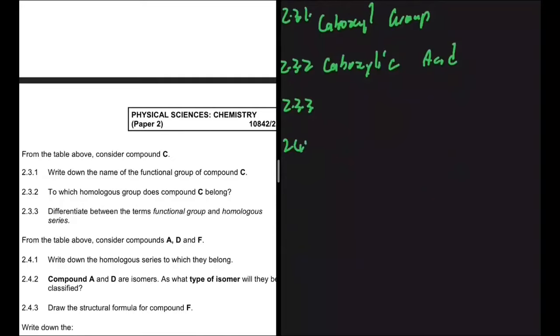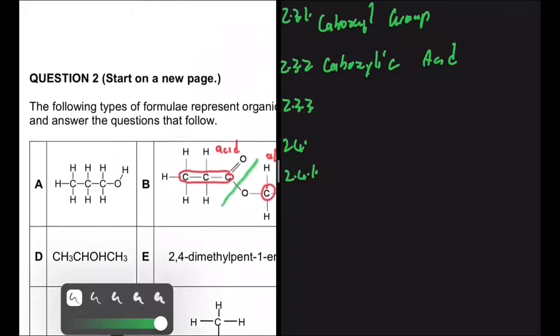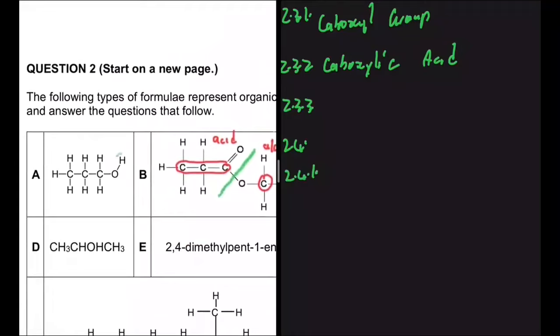2.4, from the table above, consider compounds A, D, and F. And then the first question, write down the homologous series to which they belong. So let's go to compound A. Compound A, we have an OH, which is the functional group of an alcohol. So we know that compound A is an alcohol.